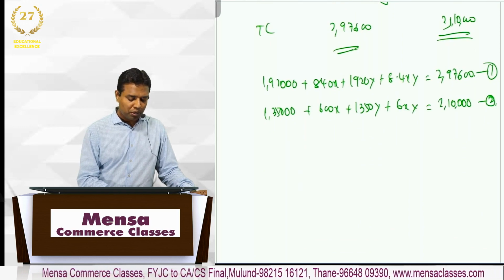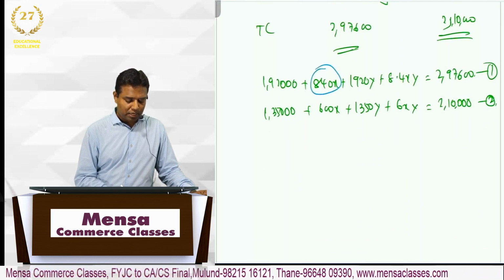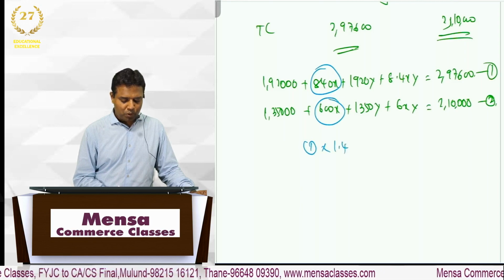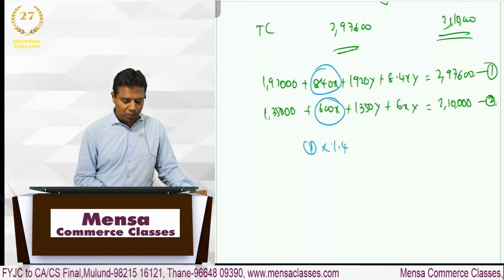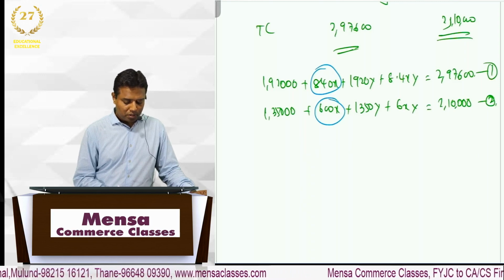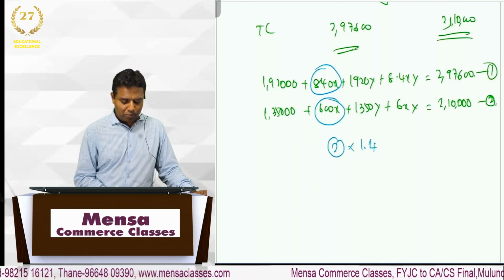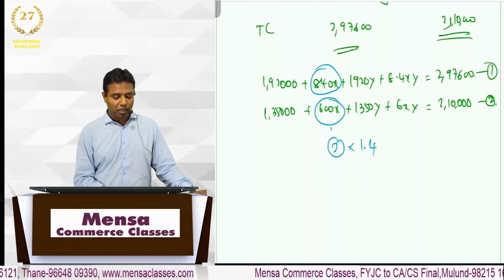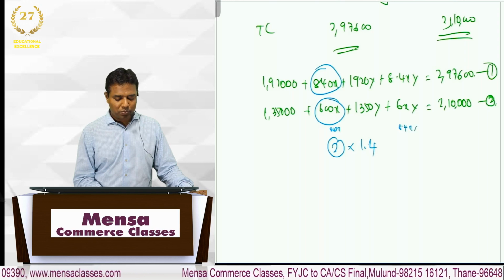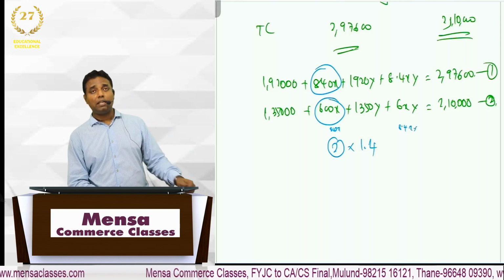What can you do? We have studied this in our lower standard, so equate them. Equation 2 into 1.4, you do. If you do equation number 2 into 1.4, this will become 840x and this will also become 8.4xy. So that will get cancelled and you will get the value of y.